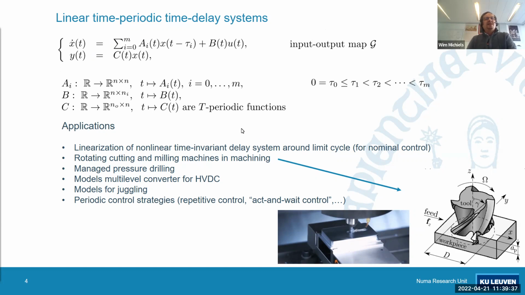So anyway, a lot of applications, and I will discuss some very basic properties of this type of models from a systems theory perspective. But before coming to that, I will just introduce time invariant delay systems and their basic properties.